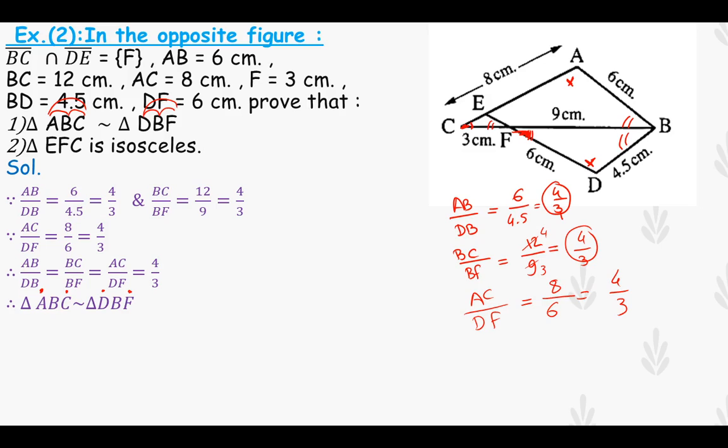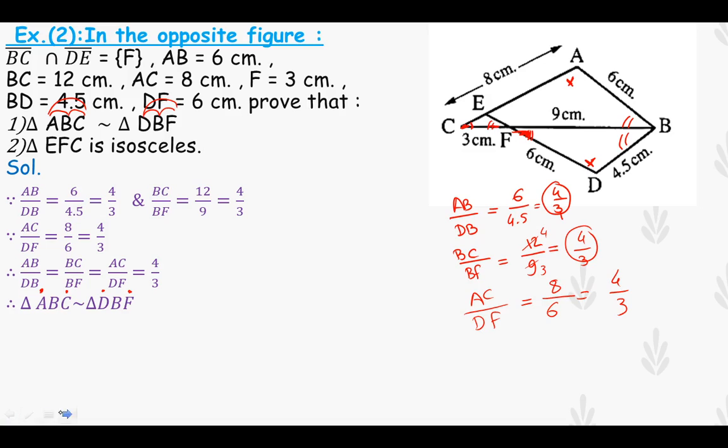And you can see also that the measure of angle DFB is equal to the measure of angle EFC, vertically opposite angles. So now the measure of angle ECF is equal to the measure of angle EFC. So triangle ECF is an isosceles triangle.